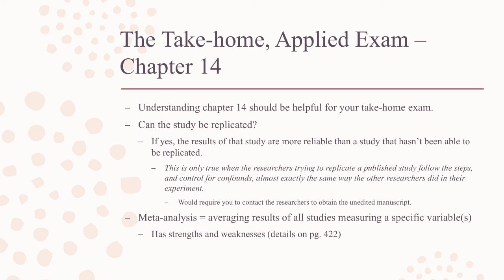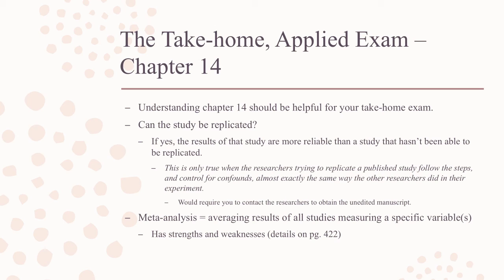In this chapter, they examine the question of can the study be replicated. If it can be replicated, then the results of that study can be trusted compared to a study that hasn't been able to be replicated. So always be aware of that. And I leave some notes for you with that.